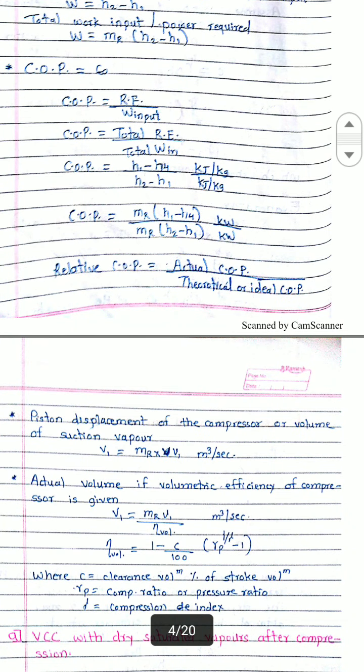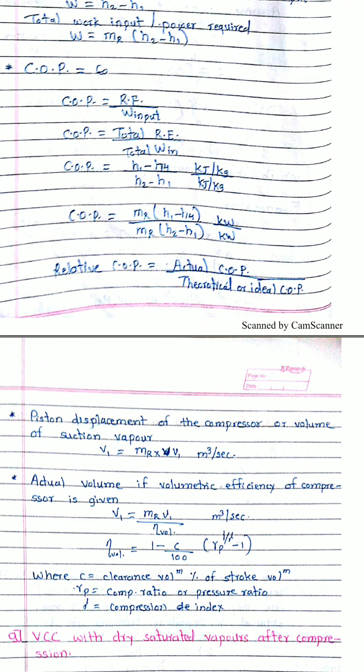In addition to this, we can calculate the piston displacement that we discussed in the Bell-Coleman cycle. So V1 is equal to MR, the mass flow rate of refrigerant, into specific volume. That is the piston displacement of a compressor, or volume of suction vapor.